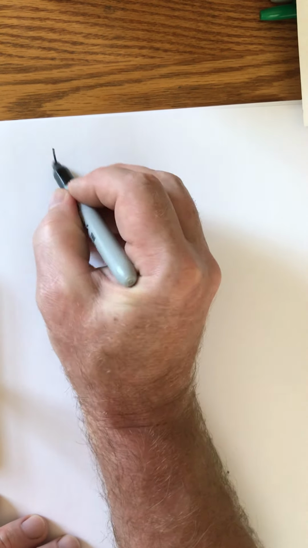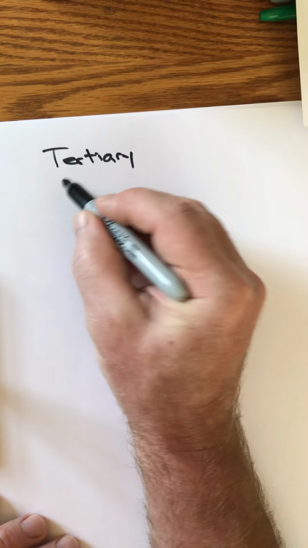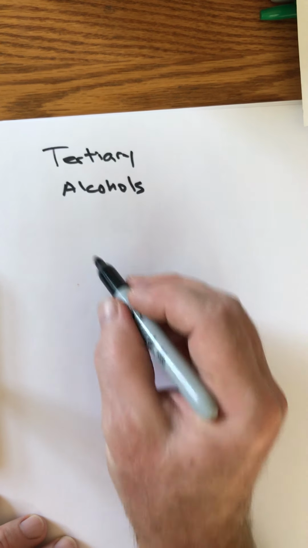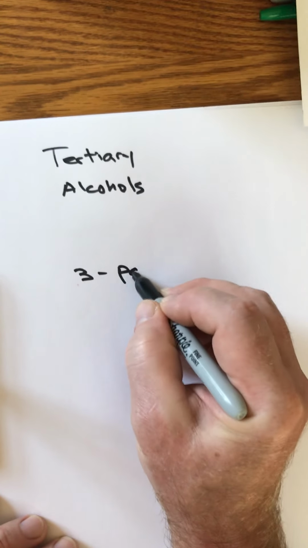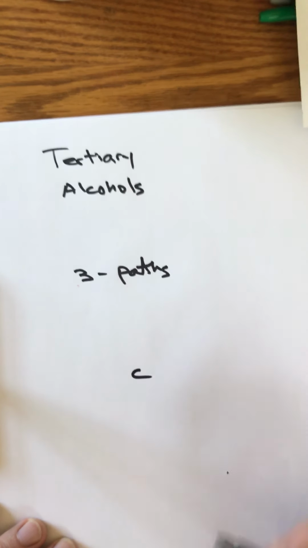Next card. Well, if you can have primary, meaning 1 path, secondary, meaning 2 paths, carbon makes 4 bonds. What about tertiary alcohols? Three paths. So here's a carbon.